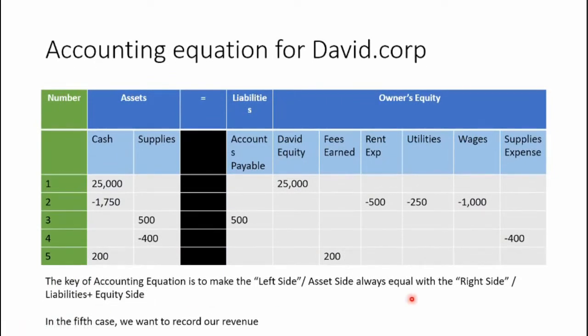Now for the fifth case, we have David Corp obtaining his first order, and David Corp wants to record their revenue. Every time a company receives revenue, they record it as either fees earned if it's a service, or sales if it's for selling things.